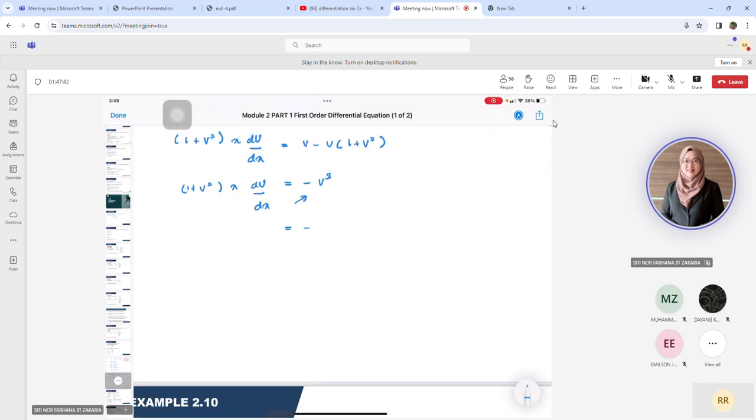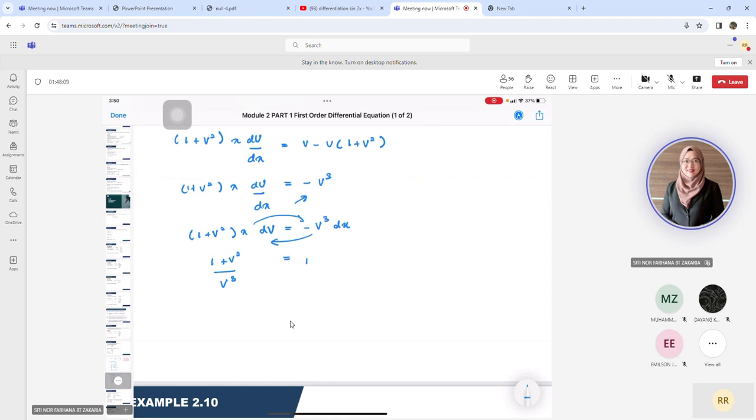So it become as v power of 3 dx, here 1 plus v power of 2 x dv. Okay. So v here boleh bawa ke left side. So it become as 1 plus v power of 2 divided by v power of 3. And then x bawa ke your right side.